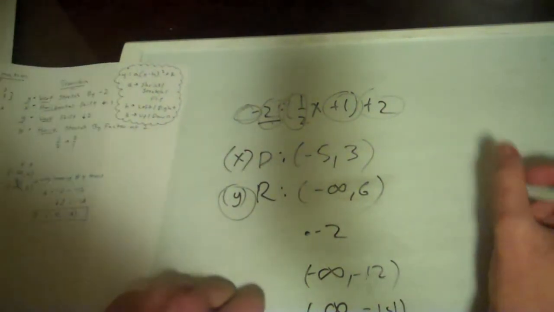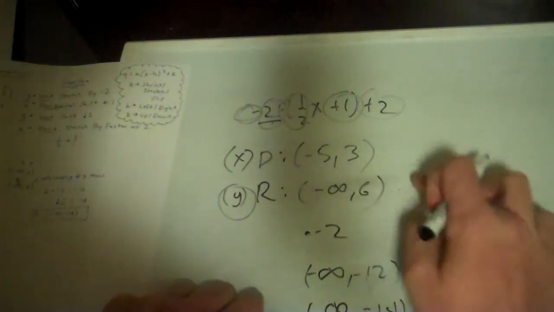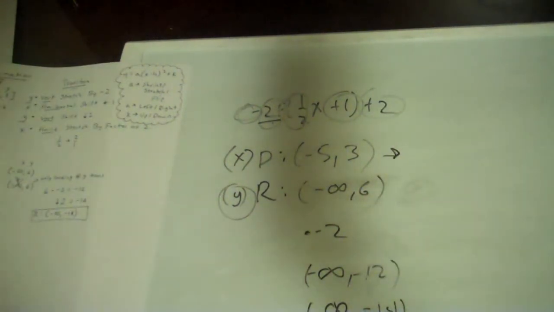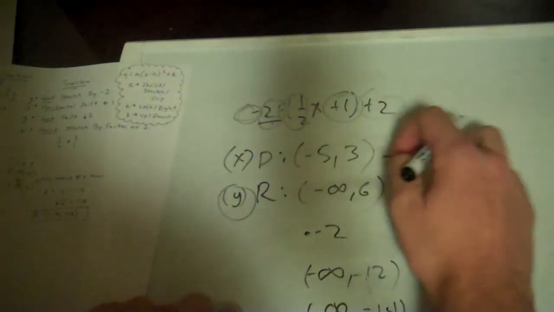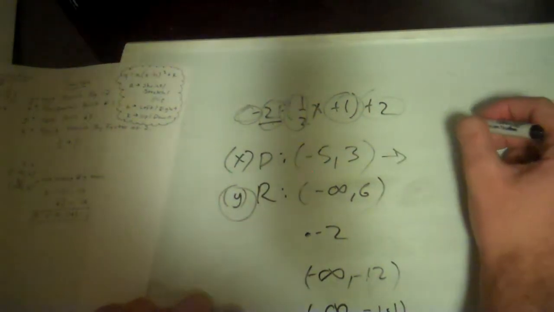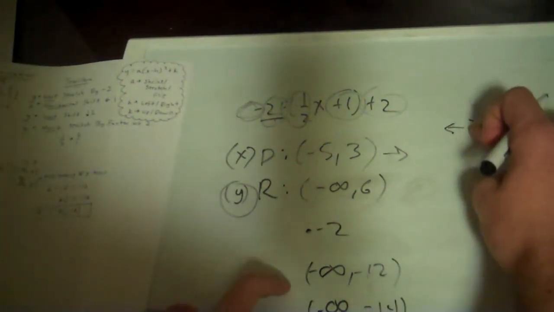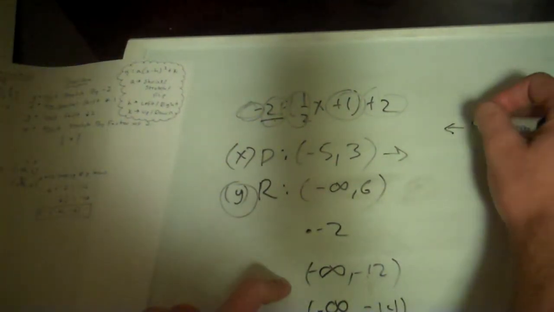Then for the x values, the first thing I wrote down is the horizontal shift to the left 1. So we're going to shift it left 1, sorry.